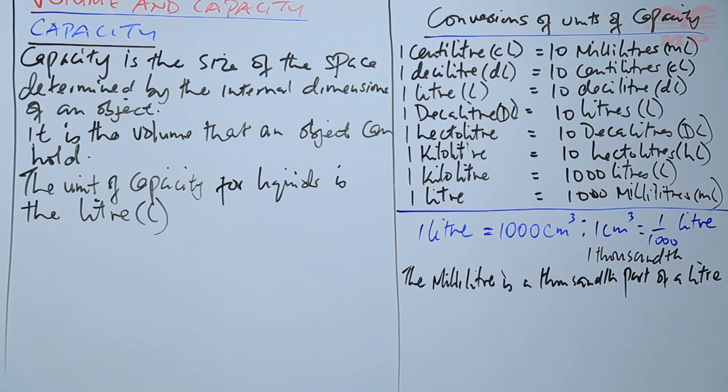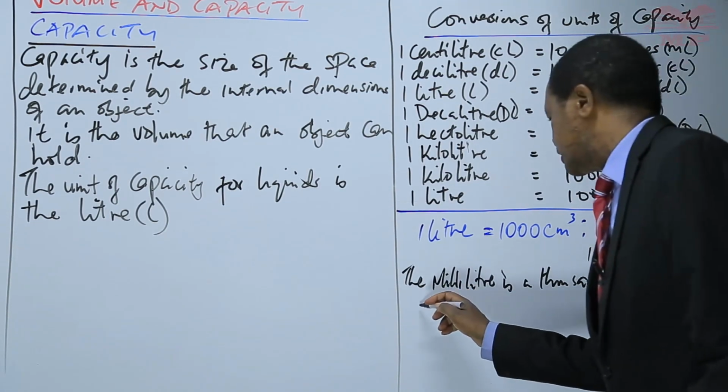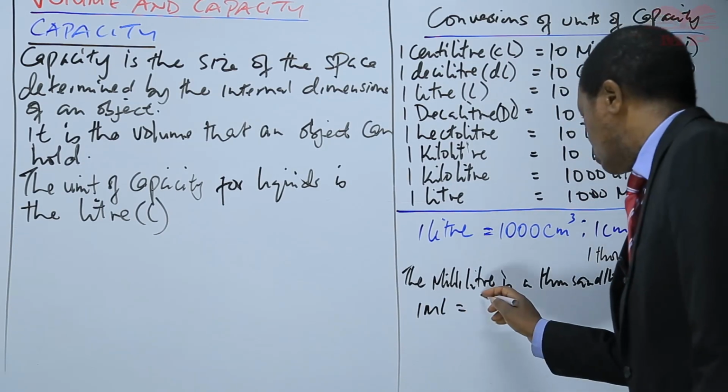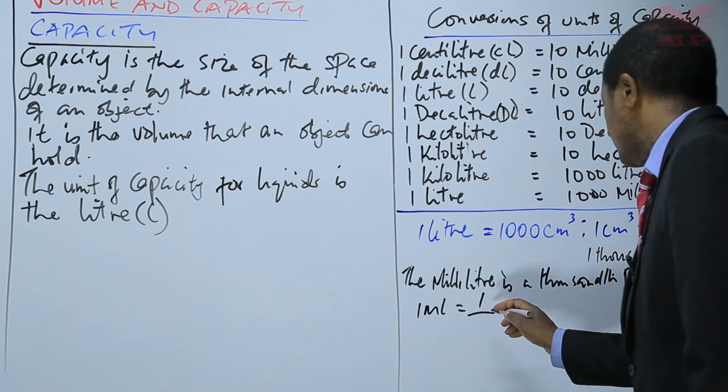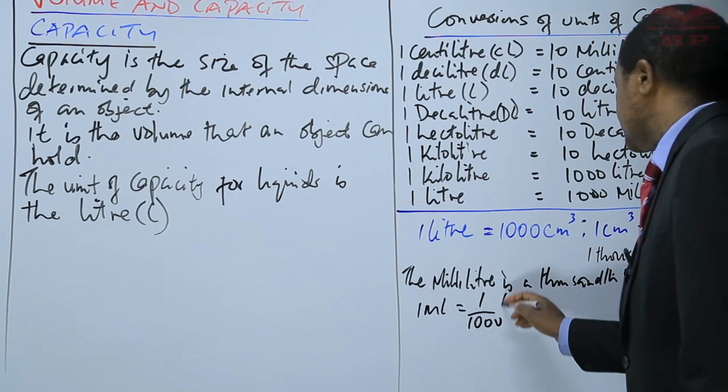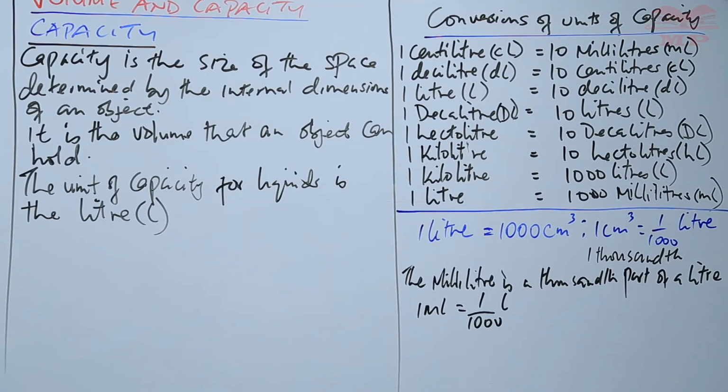In other words, 1 milliliter is equal to 1 over 1,000 liter. That is, the milliliter is 1,000th part of a liter.